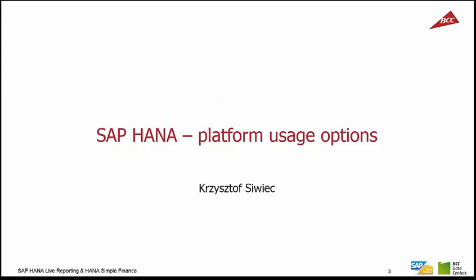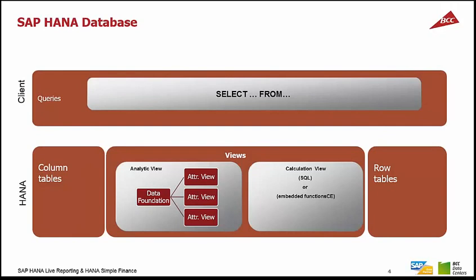Okay, let's start with the SAP HANA platform. As you probably know, the main part of SAP HANA is the database. It's not a normal database, as all its data is stored in memory, but that's not the only difference from other databases. It also offers column tables as opposed to row tables, and column tables are much quicker for analytics, but in HANA they are also quicker for transactions.